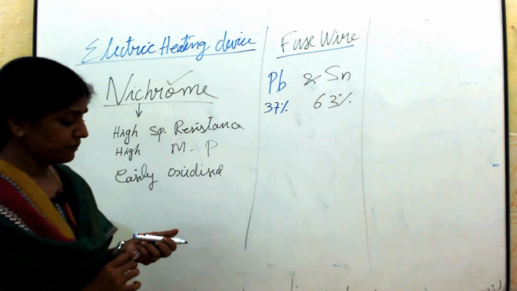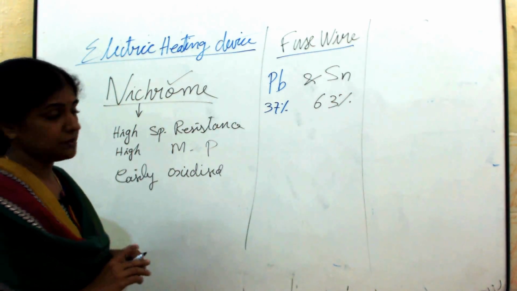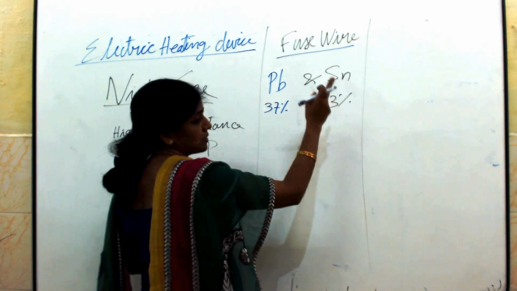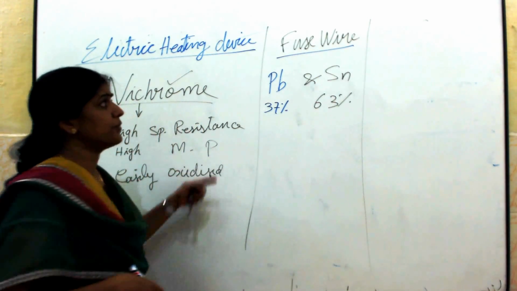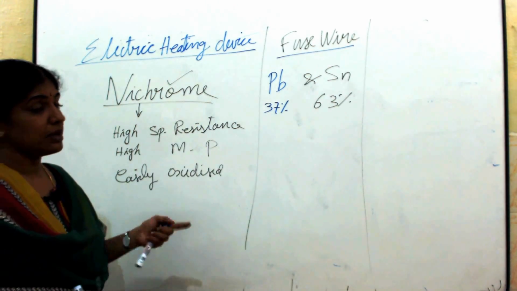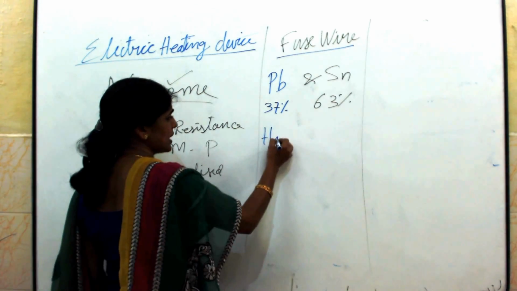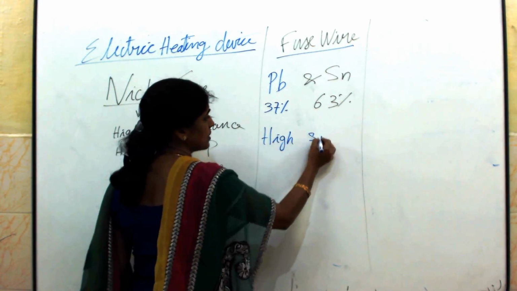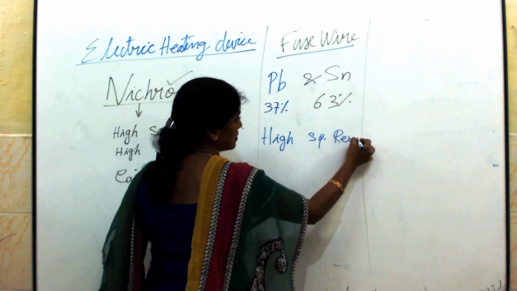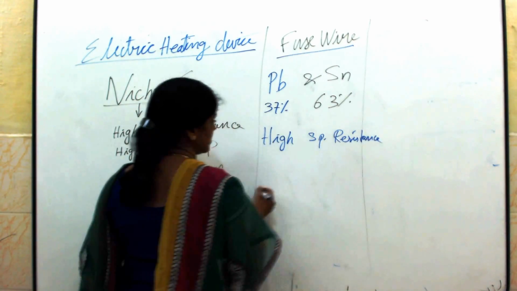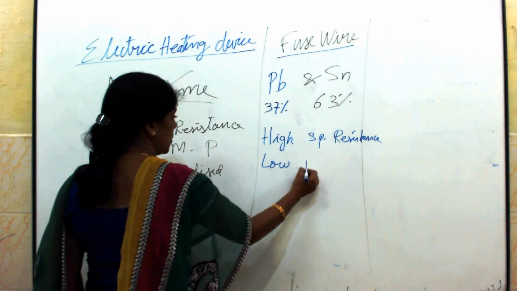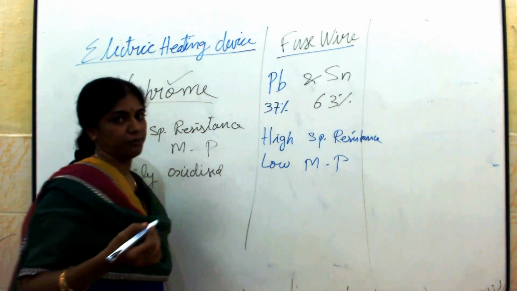Fuse wire is an alloy made up of lead and tin. Lead is 37% and tin is 63%. Again, if you go for the properties of this fuse wire, it has high specific resistance but a low melting point. Why?